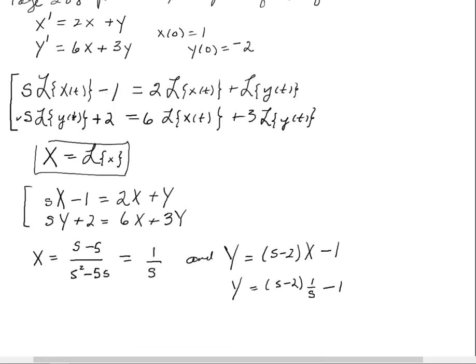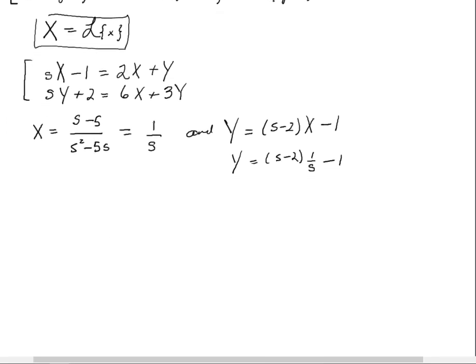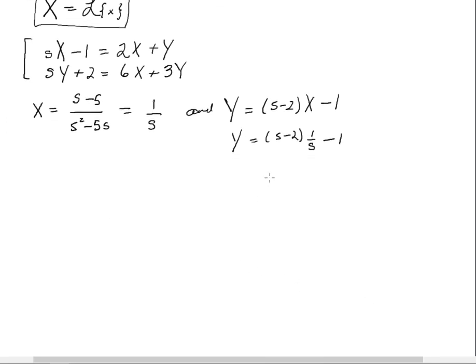Scroll up if I can find the scroll button. And then Y would be equal to, distribute this multiplication, 1 over s, and you get 1 minus 2 over s minus 1, which is equal to negative 2 over s.